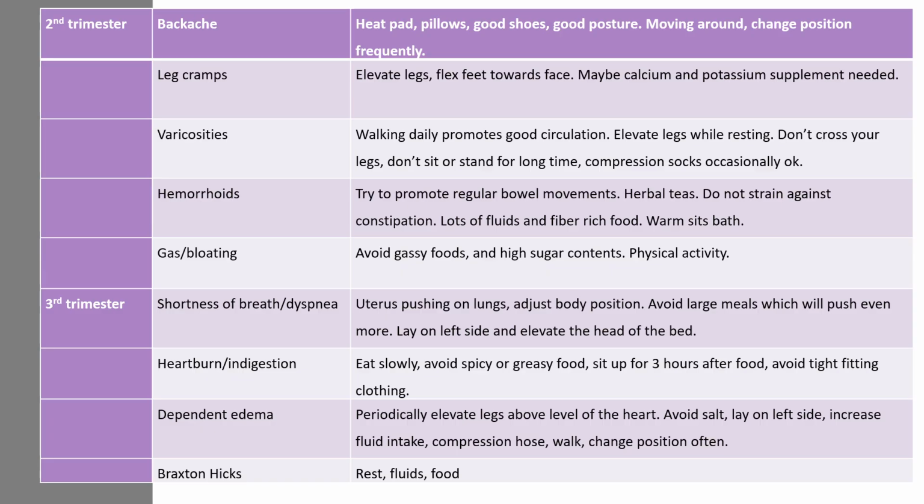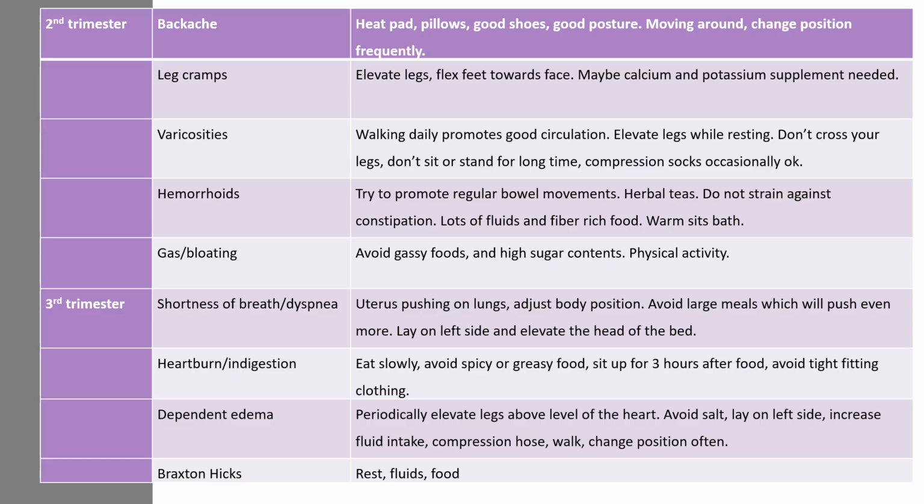So usually during the first trimester, the patient's prenatal care, she usually schedules her appointment every 4 weeks. During the second trimester, usually it's every 2 weeks. And between 29 and 36 weeks, usually it's every 2 weeks.